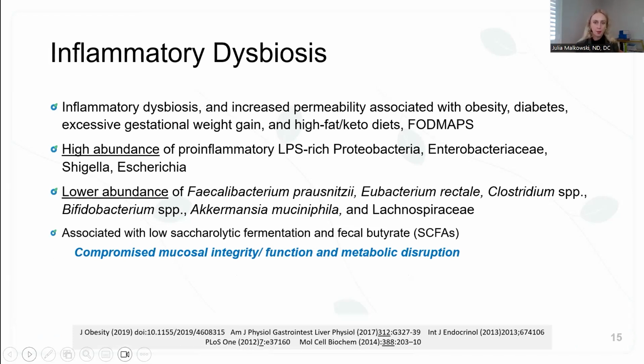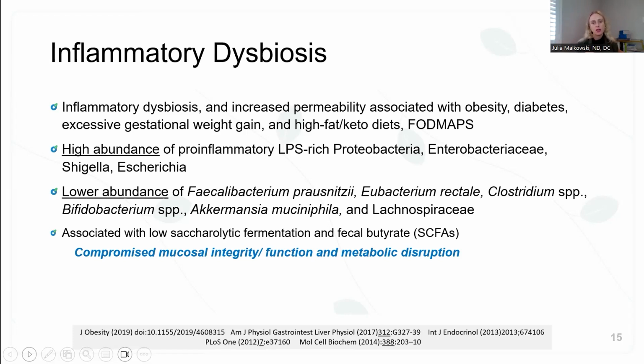When we're talking about the gut microbiome, we're going to talk about inflammatory dysbiosis. Inflammatory dysbiosis is associated with the bacteria that have deviated from that normal healthy microbiome. This is also going to be associated with intestinal permeability, obesity, weight gain. We see this sometimes in individuals on ketogenic diet, high-fat diets, carnivore diets, the inflammatory microbiome, and individuals in the standard American diet. It's characterized by a high abundance of those pro-inflammatory bacteria and these LPS-rich bacteria, such as Proteobacteria, Enterobacter, Shigella, and Escherichia.